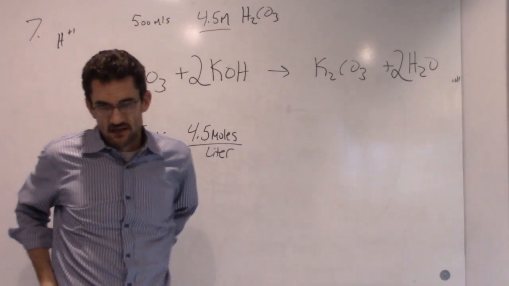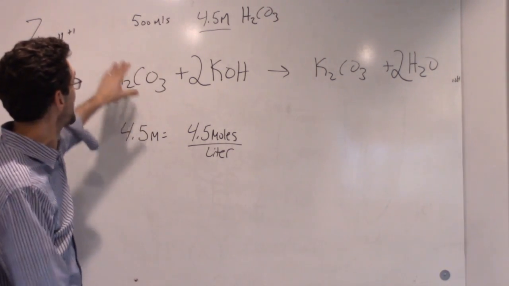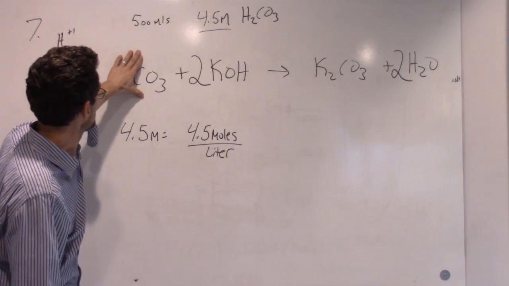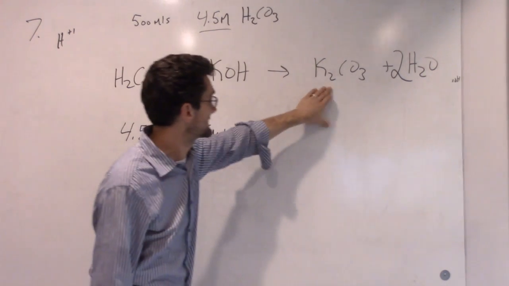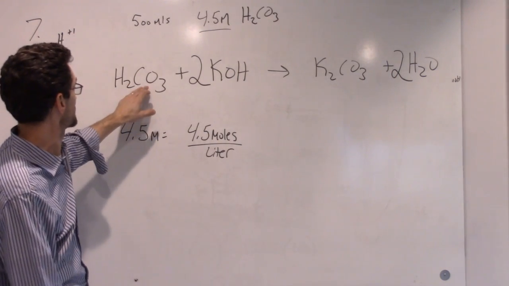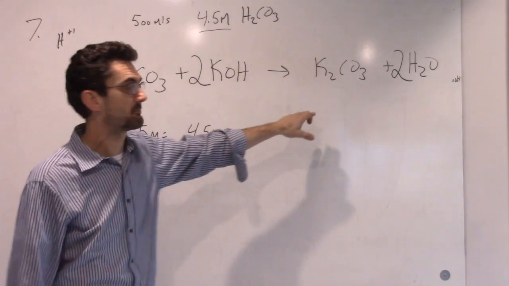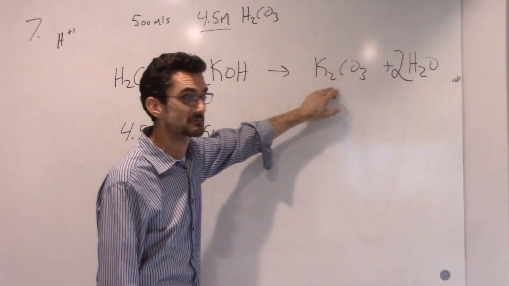We knew it was going to be a mole-to-mole ratio because it's asking us, if I have some of this, how much of this am I going to make? So I've got to somehow turn the carbonic acid into potassium carbonate.